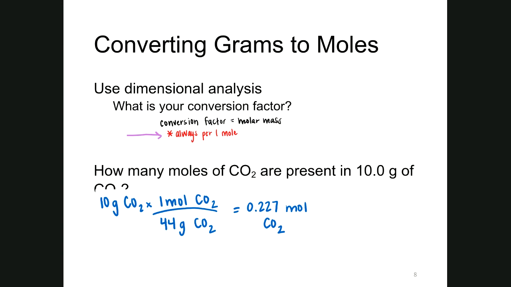It's always per 1 mole of the substance. So your conversion factor, again, if we were saying for carbon, you have 2 options. It could either be the 12.01 grams per 1 mole or 1 mole over the 12.01 grams. Those are your 2 options here. So just be aware that the value from the periodic table goes with the gram.